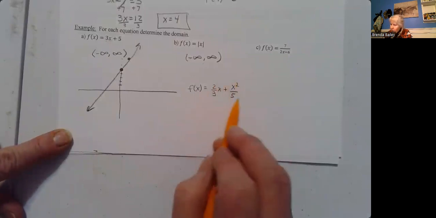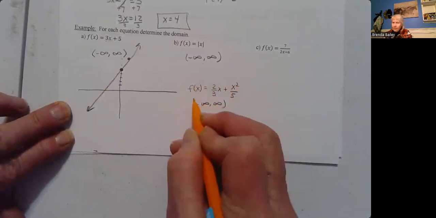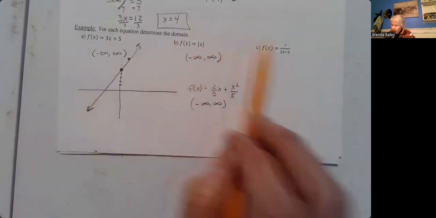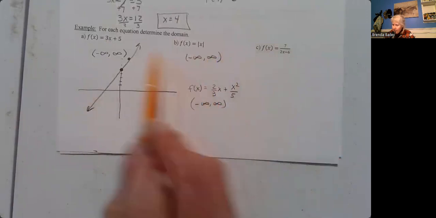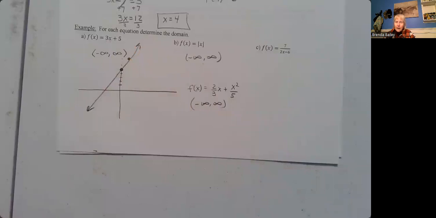So this domain is negative infinity to infinity. As long as you have a polynomial or absolute values, your domain is negative infinity to infinity. You can put in anything and your calculator will be fine.